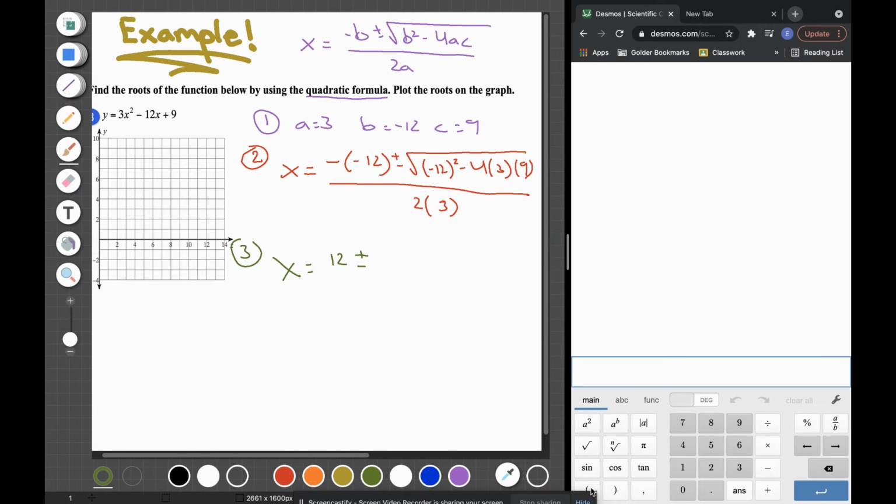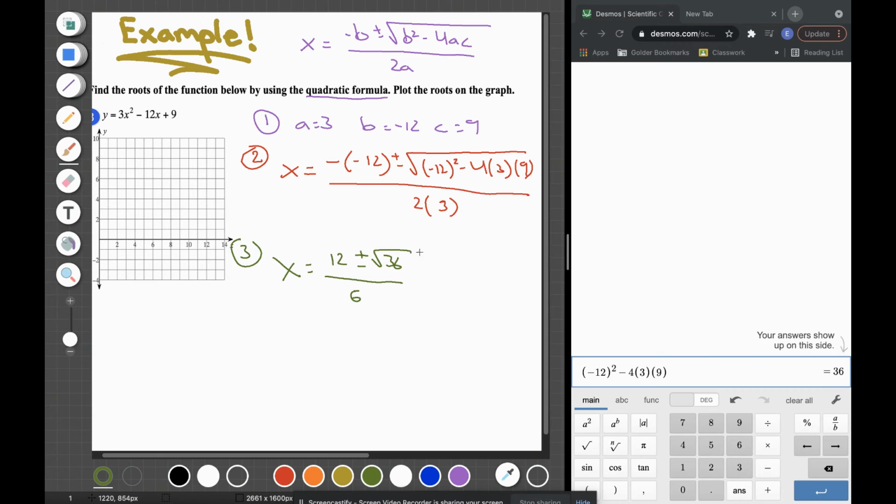We have parentheses, negative 12, close my parentheses, squared, minus 4, parentheses, 3, close my parentheses, and a parentheses again, 9. So just make it look exactly like that. You'll be fine. So that's plus or minus the square root of 36. And all that's going to be over 2 times 3, which is 6.